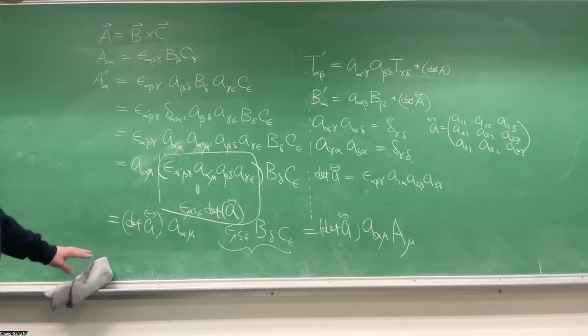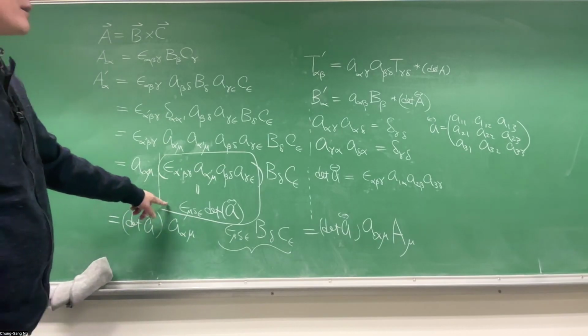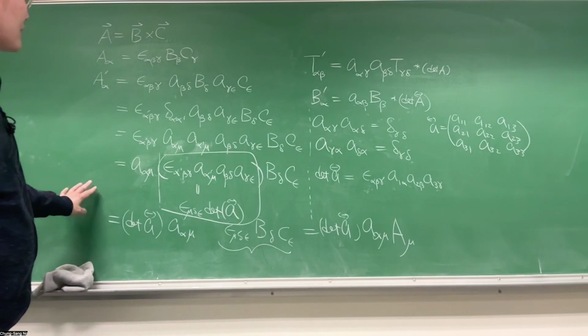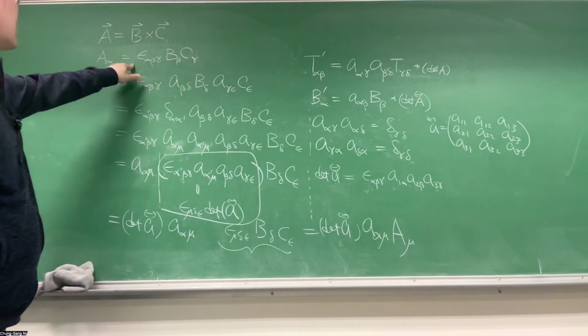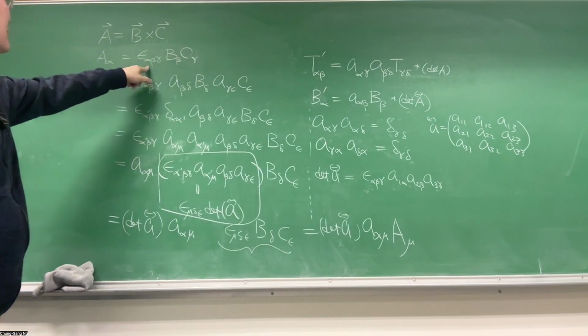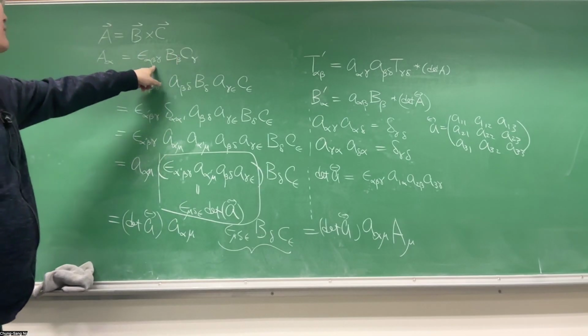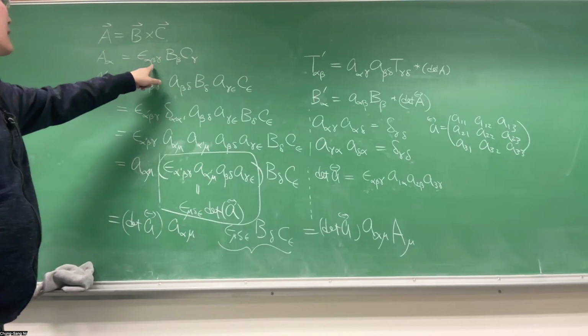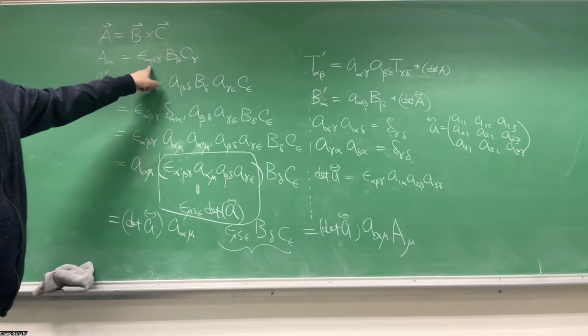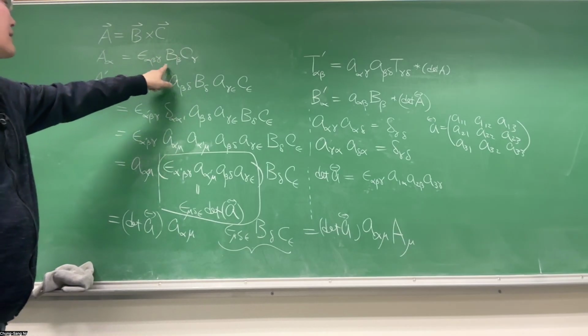Okay, so that is actually another check of why the original one is okay. If this is a vector, this is a vector, this is a pseudo tensor, and you sum over two indices, beta and gamma, this is what in tensor notation we call a contraction. We contract two of the indices.